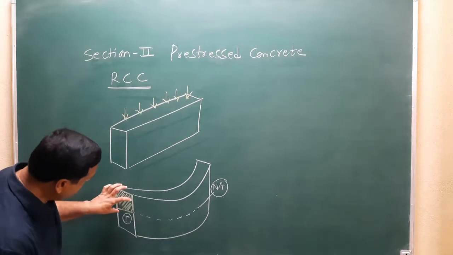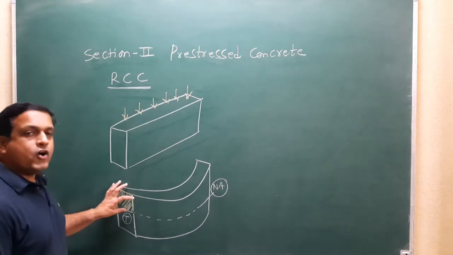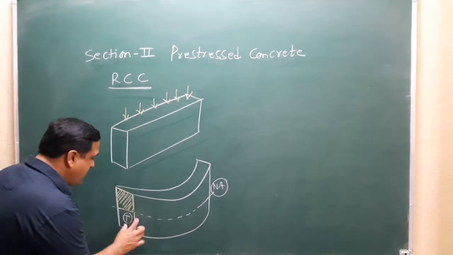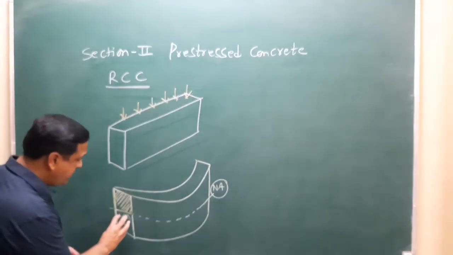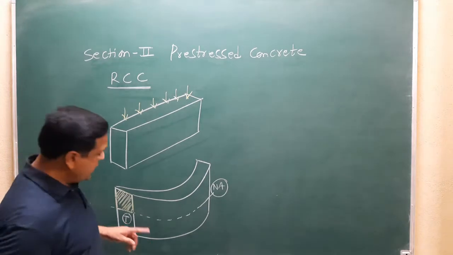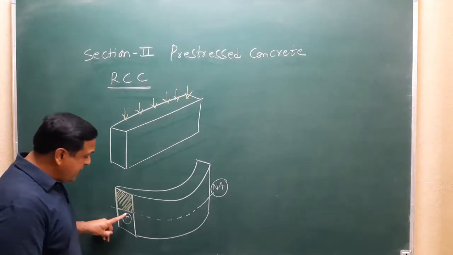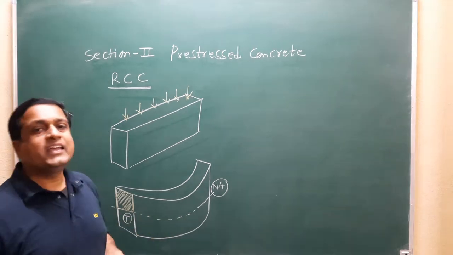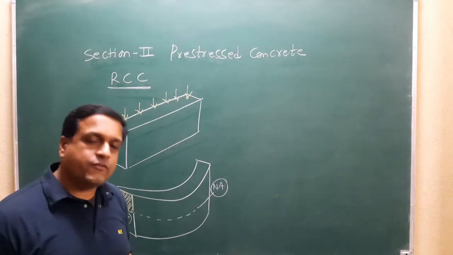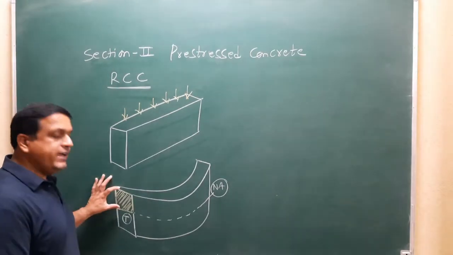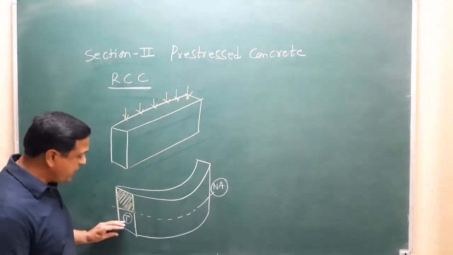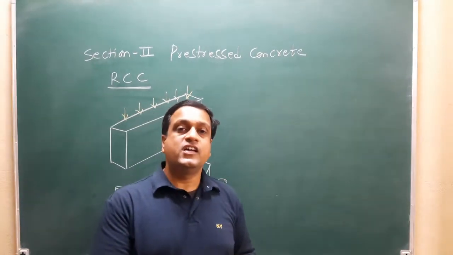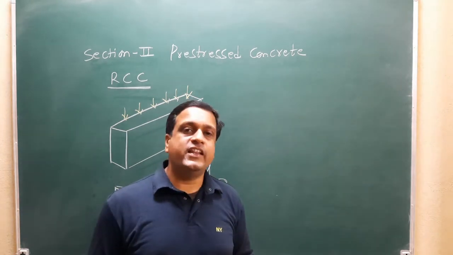That means we are only considering this part of beam. We are neglecting this part. That means this part is waste. The concrete which is present in this part is not taking any part in the strength of a beam. Only this part we have to consider. So this total cross section is not considered in the strength of a beam.